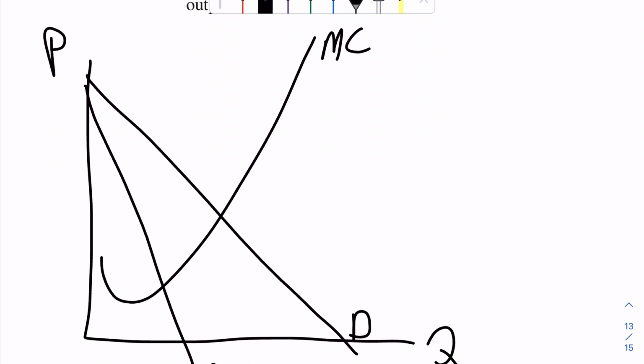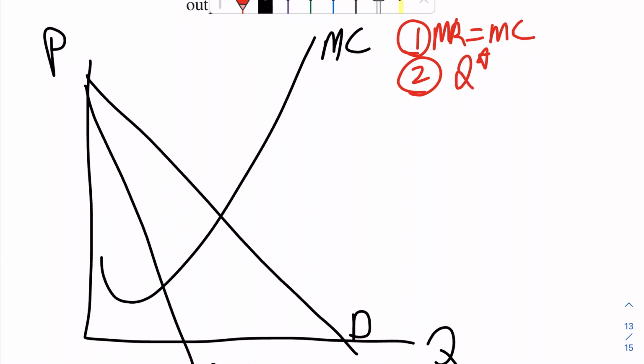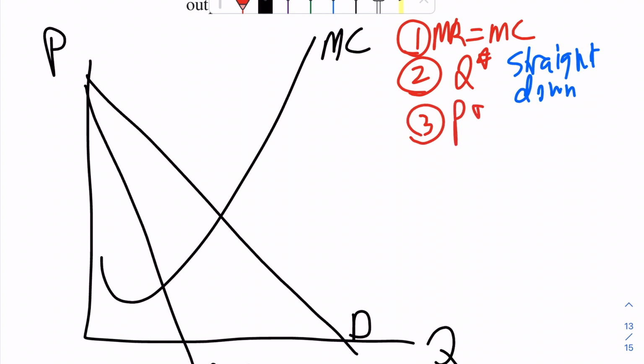So what we're going to do here is find the profit max. Remember, we do MR equals MC. We will then find quantity. How do you find quantity? You go straight down. Step three is finding the price. How do we find price? We go up to demand.